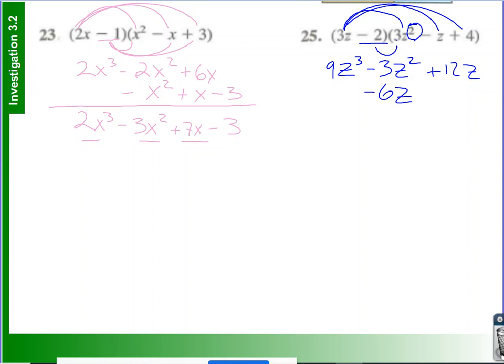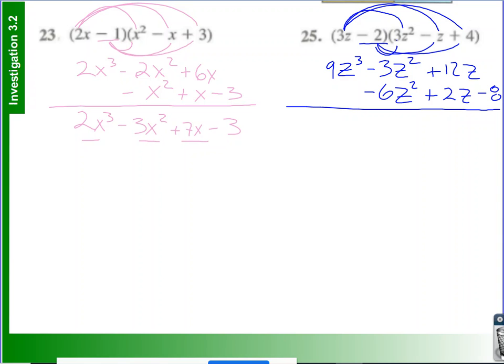Oh yeah, it's the second. And then negative 2 times negative z would be 2z, I believe. And that's a positive, so I have to write plus. Yeah. And then negative 2 times 4 is negative 8, so minus 8. You're doing super good.